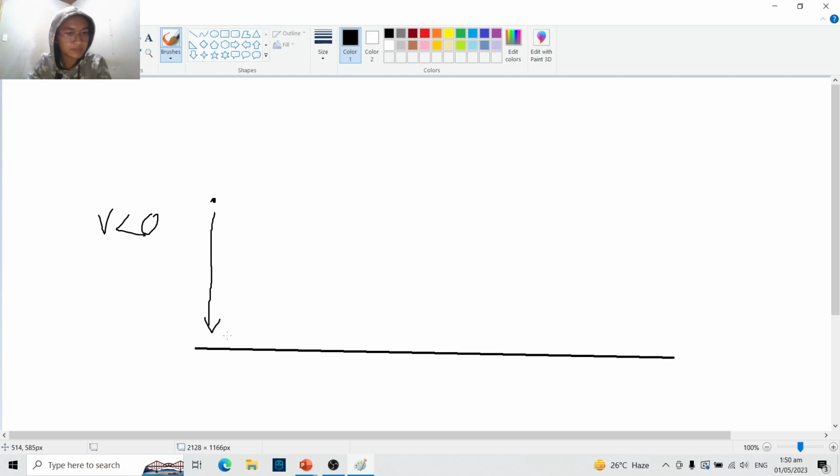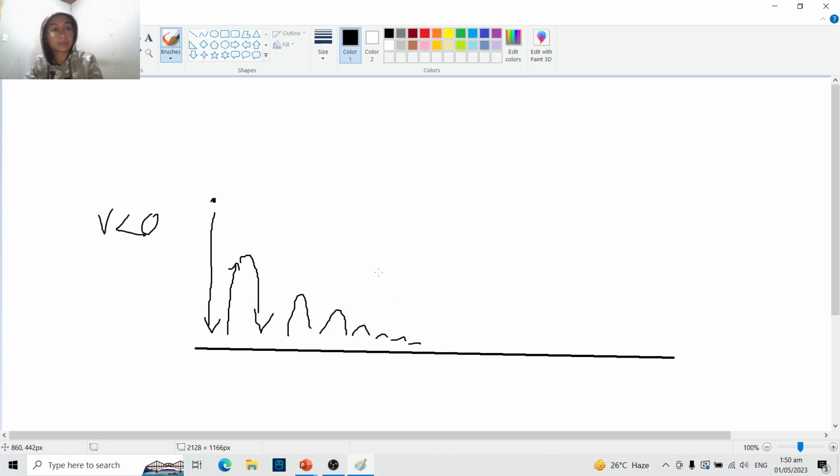Pag impact niya sa floor, mo-bounce siya kadyot, tapos mo-ana pud siya paubos, until sa kada impact niya sa floor, magkapaspas iyang velocity.